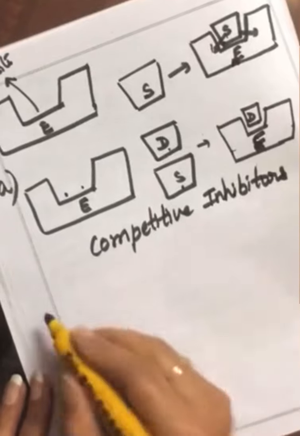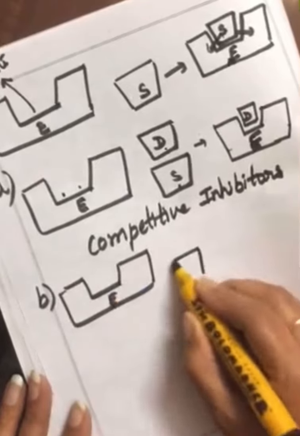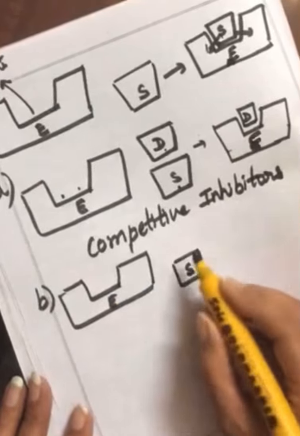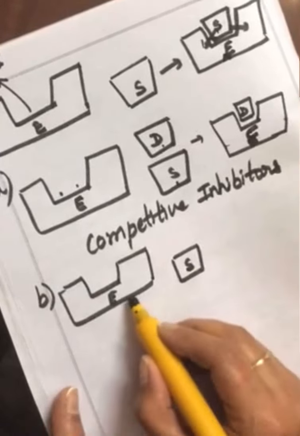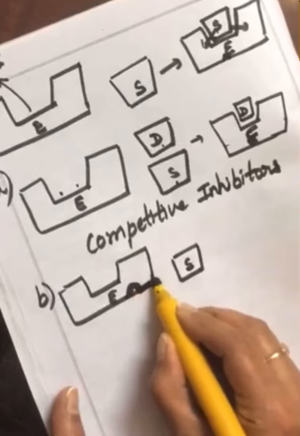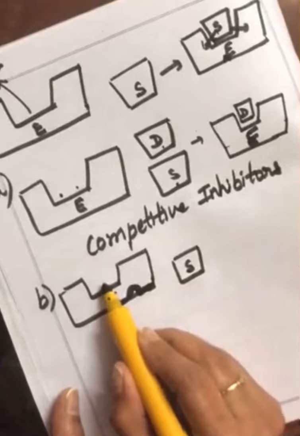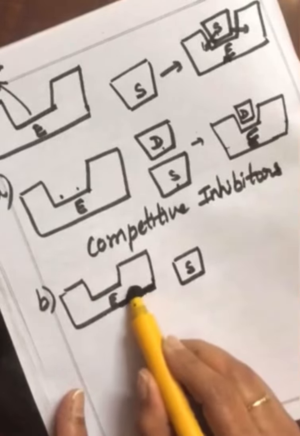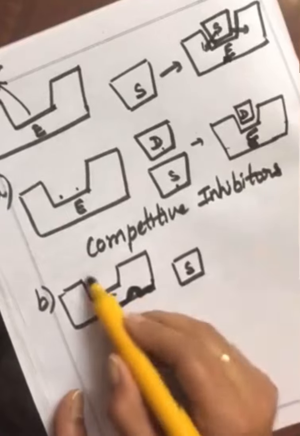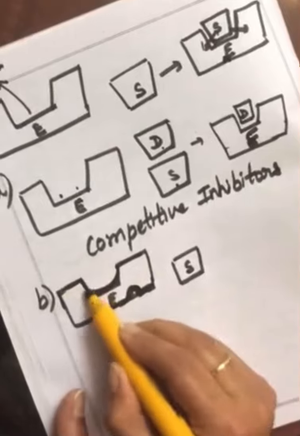Now, sometimes the drug will not compete with the substrate. Here is the enzyme, and this is the substrate. Instead, the drug will link at some other site in the enzyme, not at this active site, and change the shape of the enzyme at the active site.